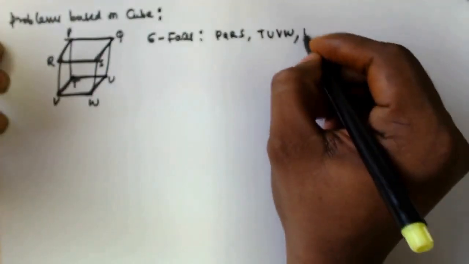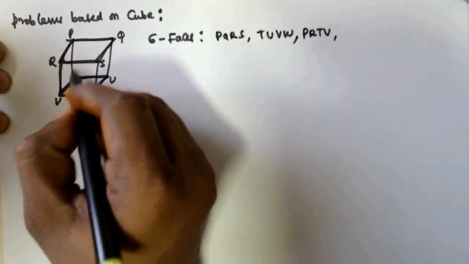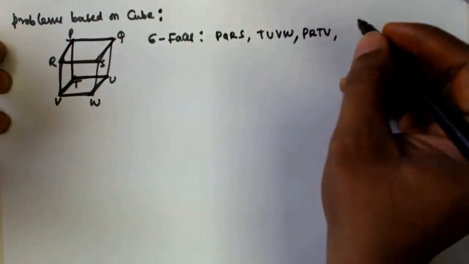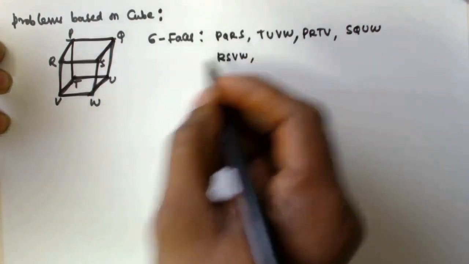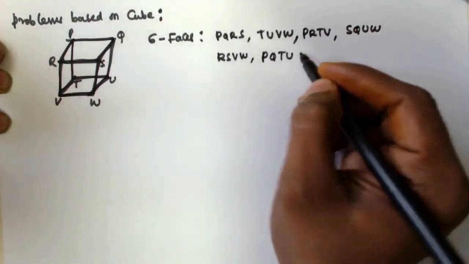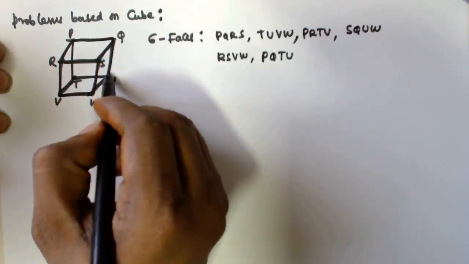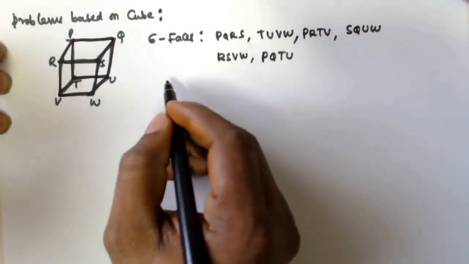The third one is PRTV, which is another face. The next one is SQUW, another face. The next one is RSVW, another face. The last face is PQTV. How many faces are there? There are 6 faces when you take a cube.